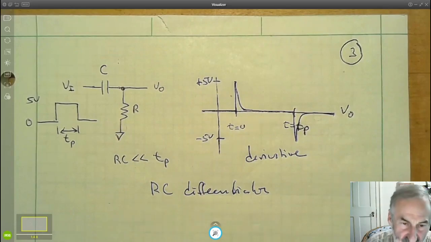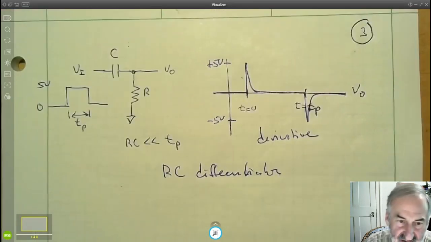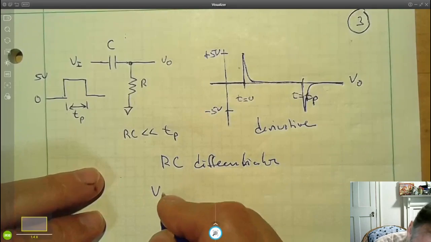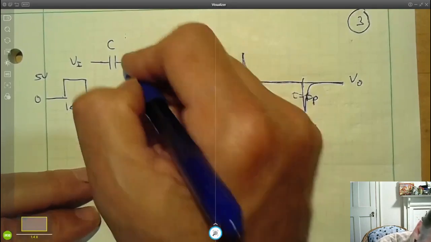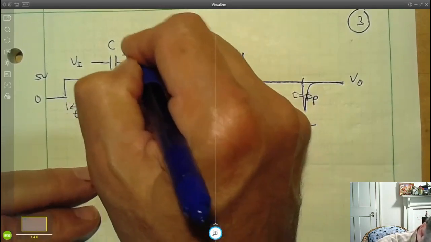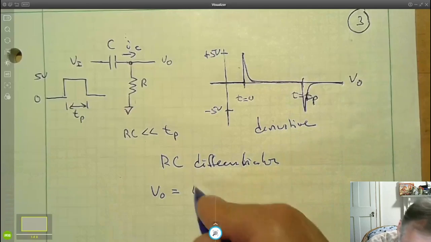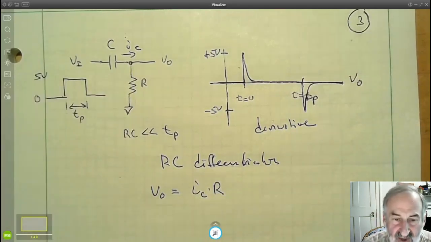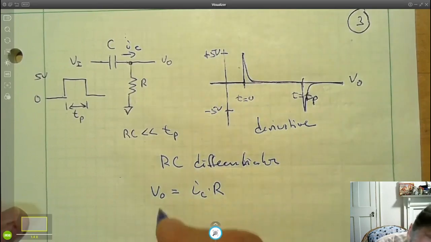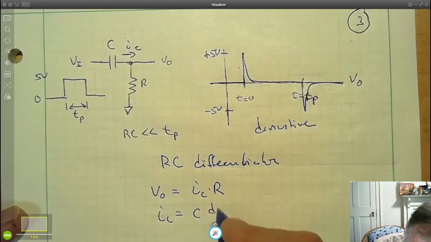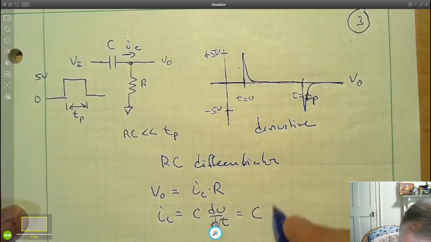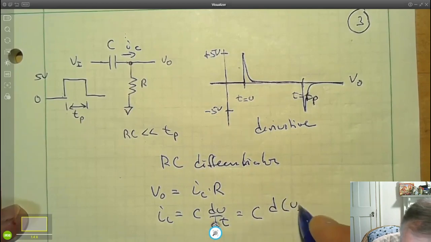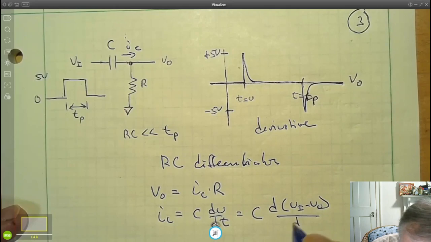And why is it a differentiator? Well, V out is equal to I sub C times R, whatever current is flowing out. But we also know that I sub C is equal to C dV/dt. dV, that's (V in minus V out)/dt.